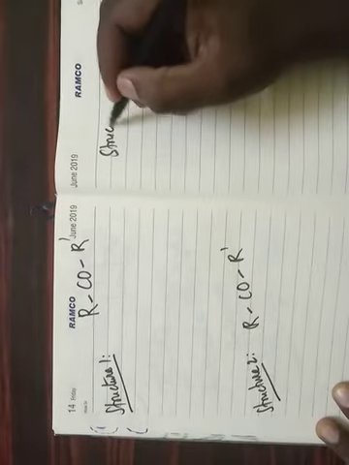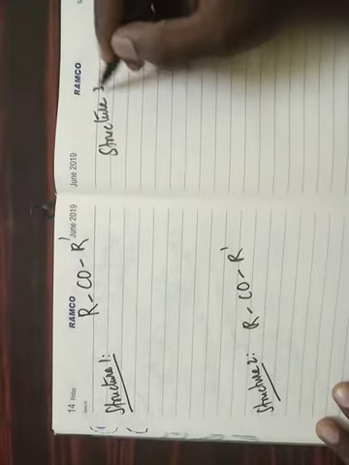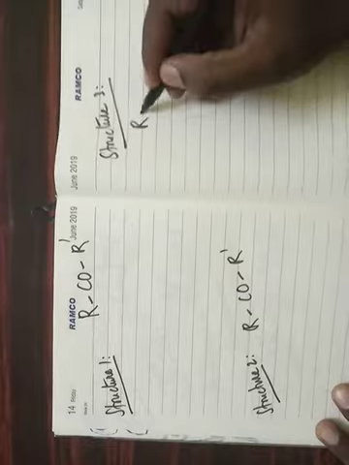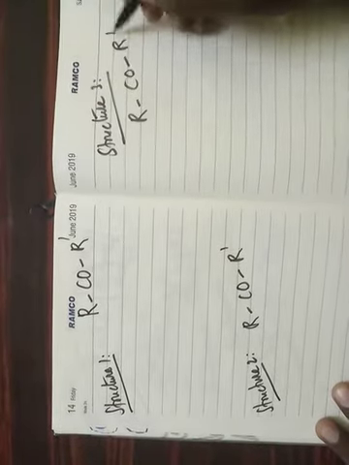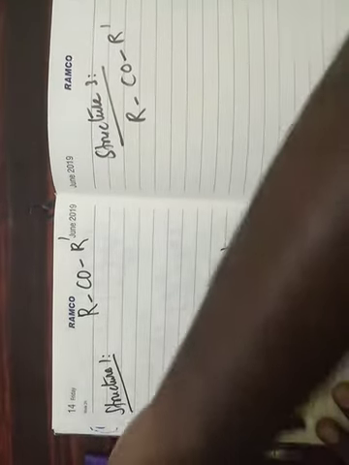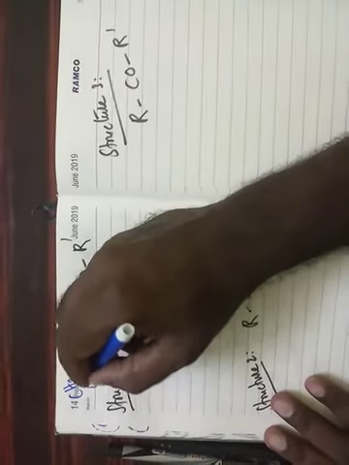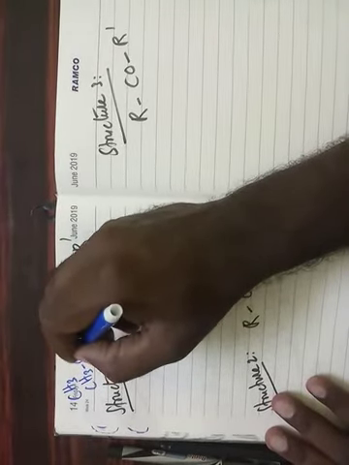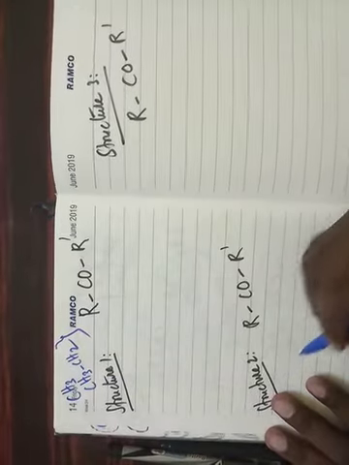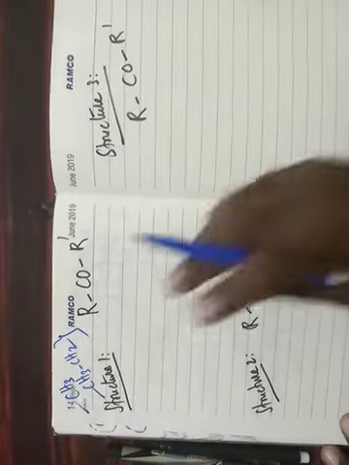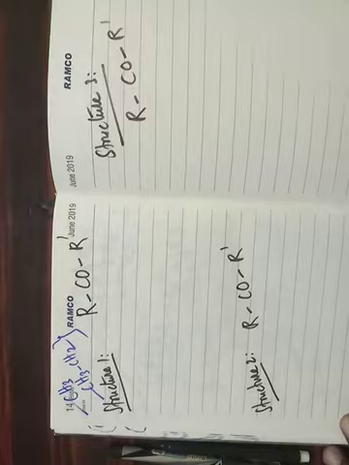Next, the last, structure 3, is also R, ketone, R dash. So what is this R? R is nothing but an alkyl group. It starts from methyl, ethyl, propyl, butyl and pentyl. But for these 3 structures, using just these 2 alone is enough. That is for your syllabus.